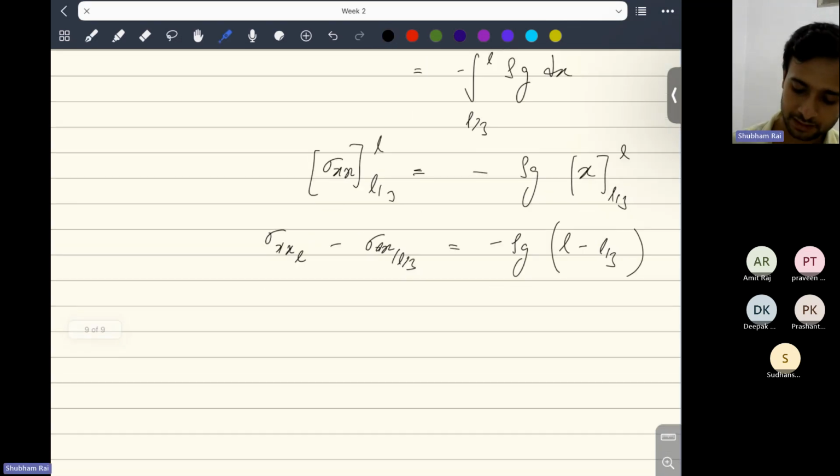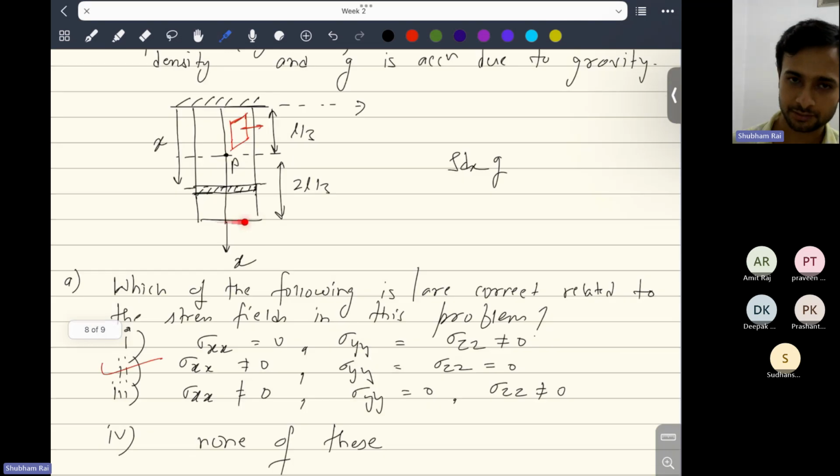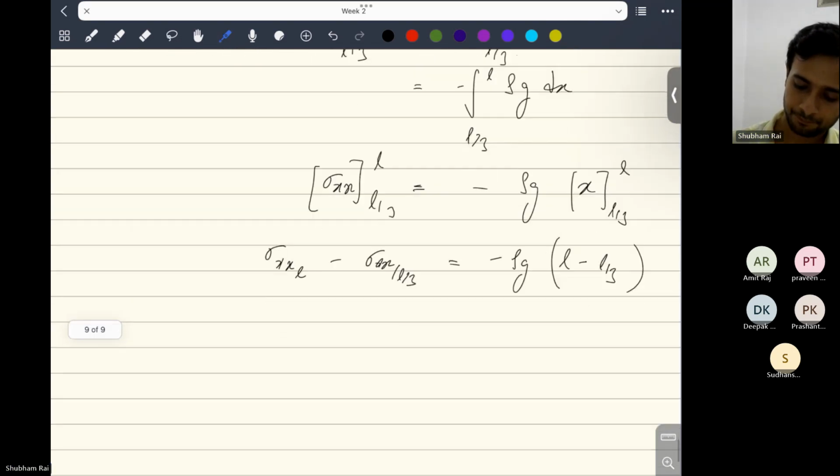So sigma xx at L will be 0 because there is no force applied here.